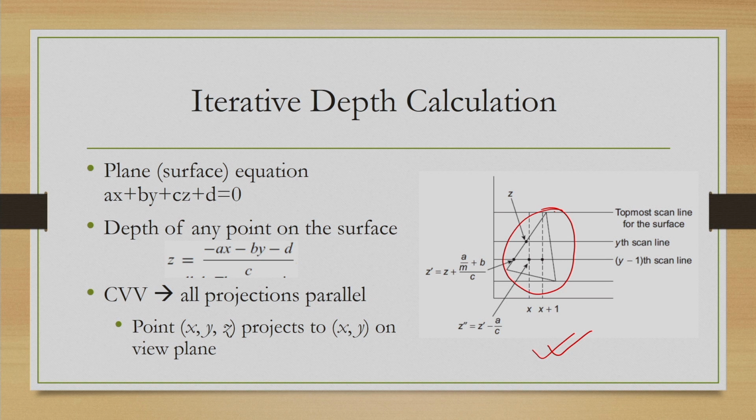Now, the surface equation we know, which we can represent as ax plus by plus cz plus d equal to 0. Again, if you are not familiar with these, you may refer to basic textbooks on vectors and planes.